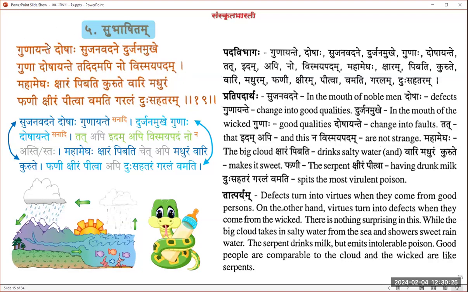Anyway, गुणायन्ते दोषाः सुजनवदने. दोषाः सुजनवदने गुणायन्ते. Even those that are mistakes in the mouth of a good person become transformed into good things. That means a good person is capable of taking wrong things and righting them.